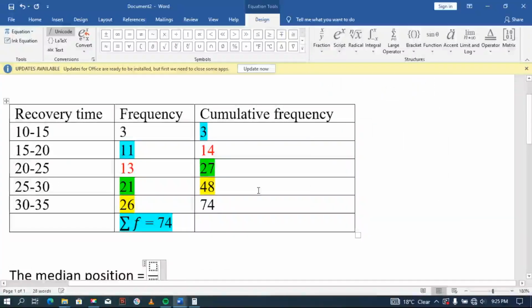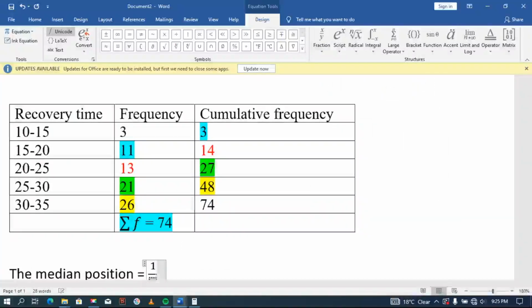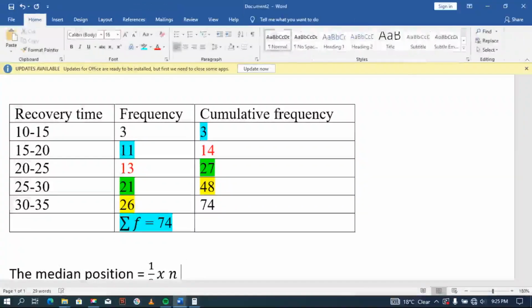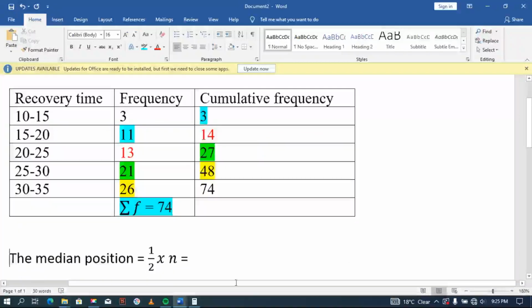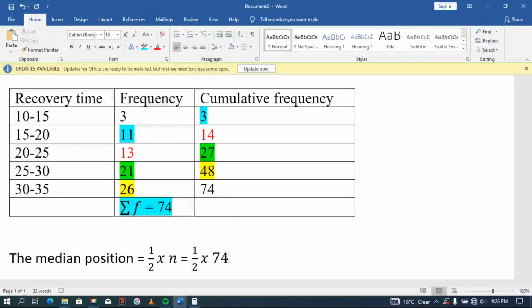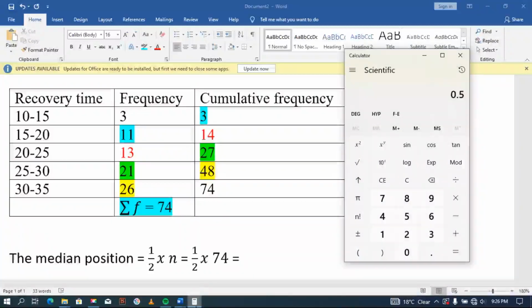Of course our n is equivalent to the total frequency, so we shall have a half of 74. So 1 divided by 2 times 74, we get 37. A half of 74 is 37.